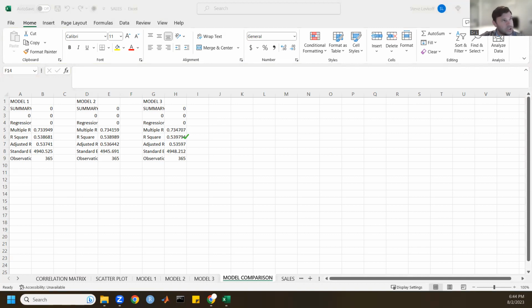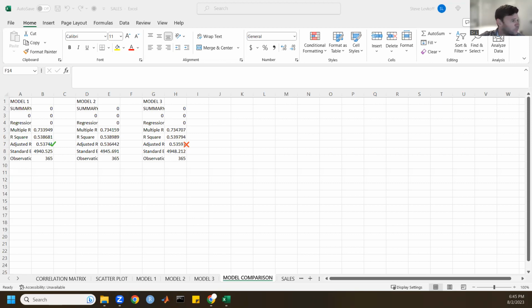Rather, we said the adjusted R squared gives us kind of a better idea by including some penalty, some trade-off for including an excessive amount of variables. And you'll notice that the model with the highest adjusted R squared is actually model number 1, 0.537. It drops a little bit as we go to model 2, 0.5364. And model 3 actually has the lowest adjusted R squared.